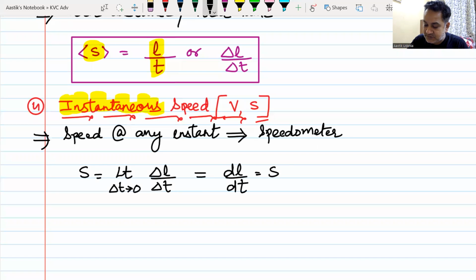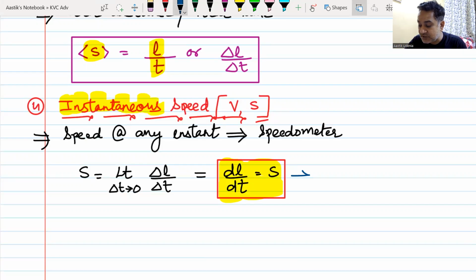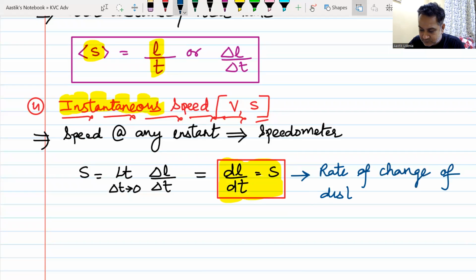That becomes my instantaneous speed S. Since it is the derivative of L, I can also call it rate of change of distance with time, or rate at which distance is covered with time.